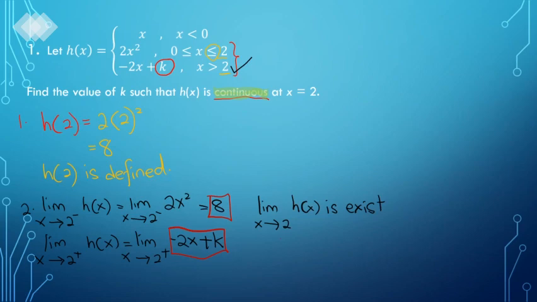So you equate them, negative 2x plus k equals 8. So negative 2 times 2 plus k equals 8. This one is negative 4, so k equals 8 plus 4. So conclusion here is k equals 12. So we got the value of k.